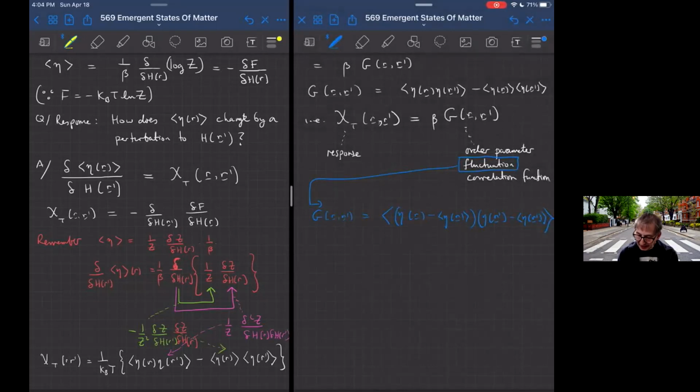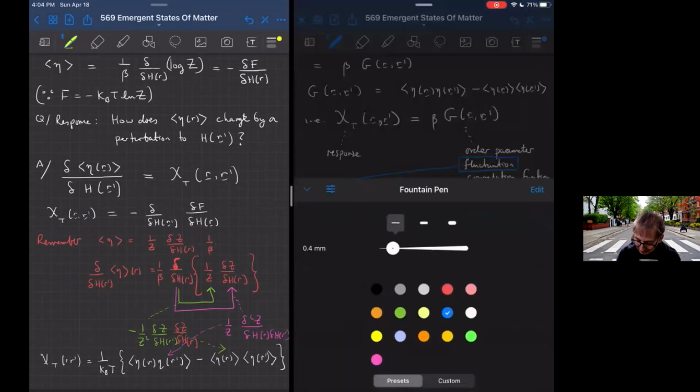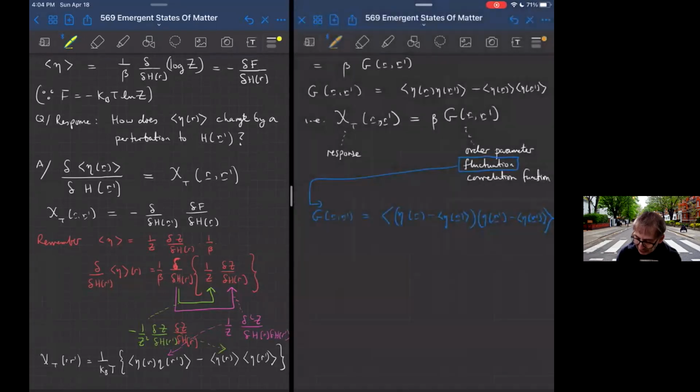And I can write it like this. So this is the correlation of eta minus the expectation value, and then eta minus the expectation value at the different point.